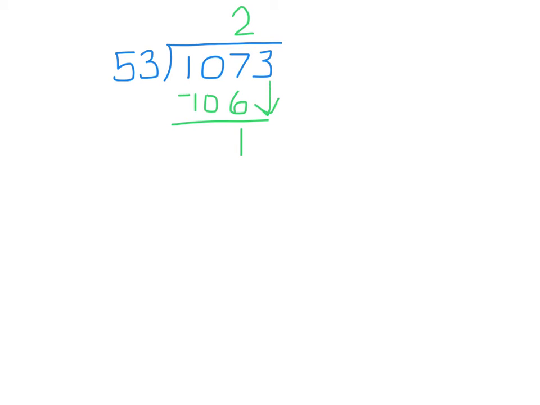And I need to bring down. Here I have 53 going into 13. It goes in there 0 times, so now I multiply by 0. 0 times 53 equals 0, and I subtract. I have 13, so my remainder is 13. 20 remainder 13 is the answer for this problem.